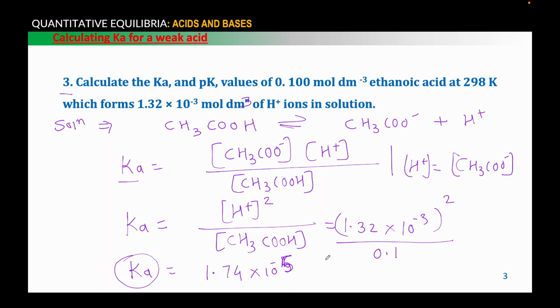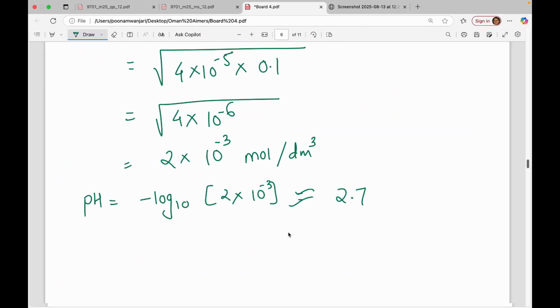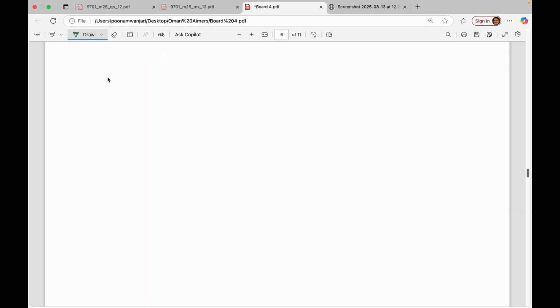Now if you want to calculate pKa, your value of Ka is equal to 1.74 into 10 to the power minus 5. And we know pKa is equal to the negative logarithm to the base 10 of Ka.